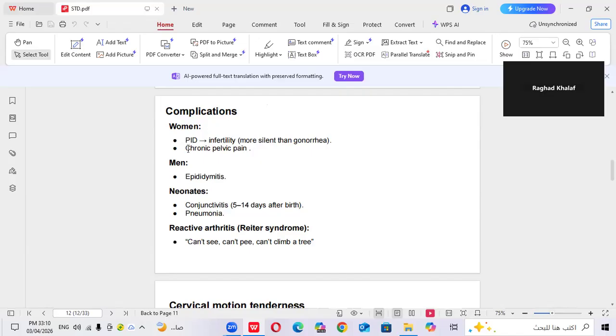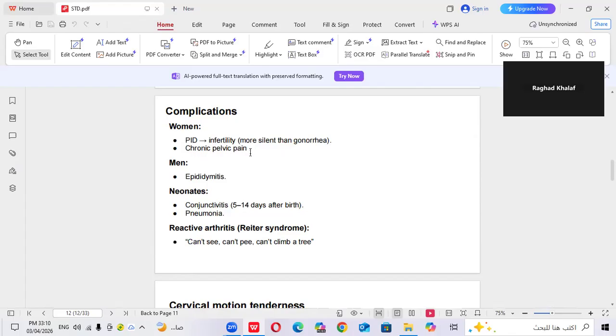And physicians can miss this or misinterpret it really easily, because sometimes they don't pay attention when the patient describes that she's having, for example, a discharge. They will focus only on the discharge, and they will forget or ignore if she mentioned as an associated symptom that she's having pelvic pain or chronic pelvic pain.